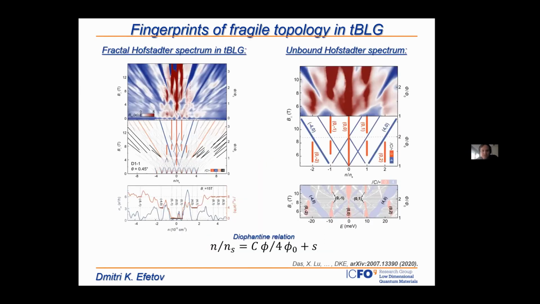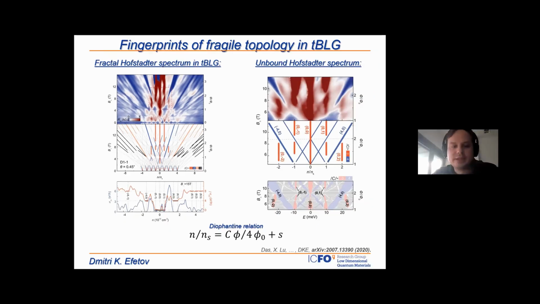And so the interesting part is now the high field data. If we go to high fields in these small twist angle devices, we reach one flux per unit cell relatively quickly. Approximately at 4 Tesla, we already reach 1 flux quantum per unit cell, and at 8 Tesla, we're at about 2 flux quanta per unit cell.